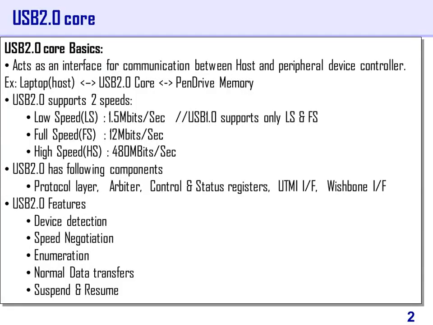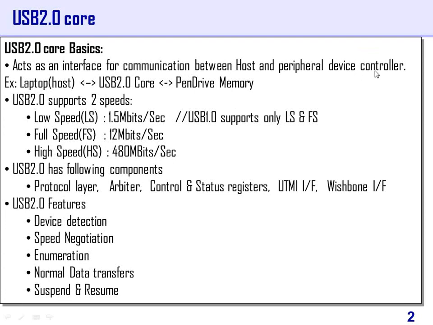Now let us go to this. Can you read this? Basically it acts as an interface for communication between the host. Host is what? Laptop or any processor. Host means some processor, and a peripheral device controller.